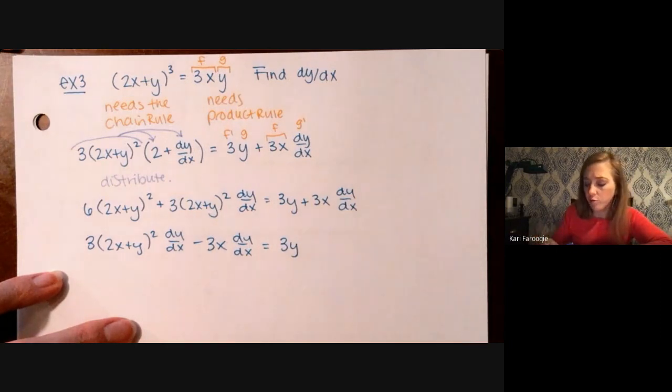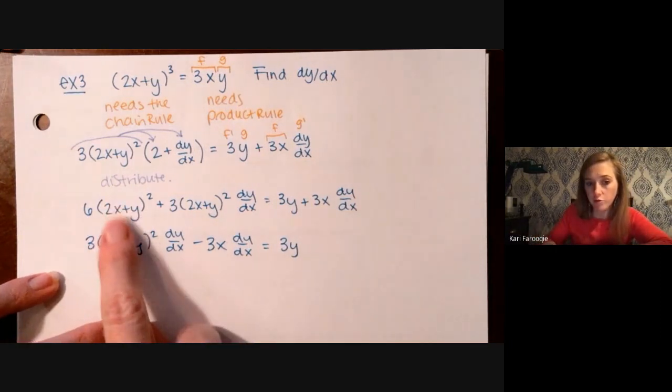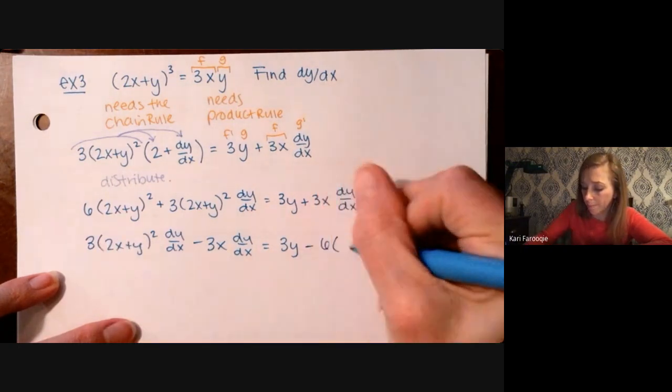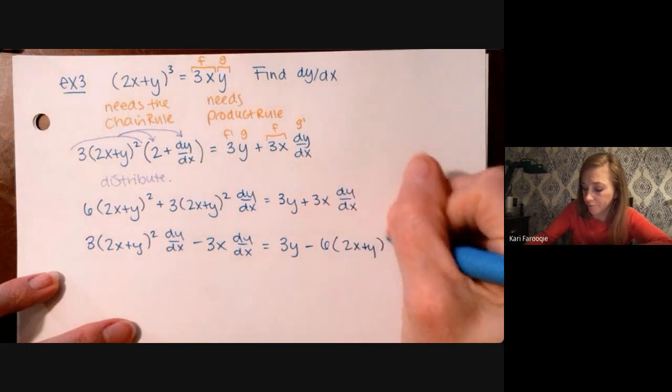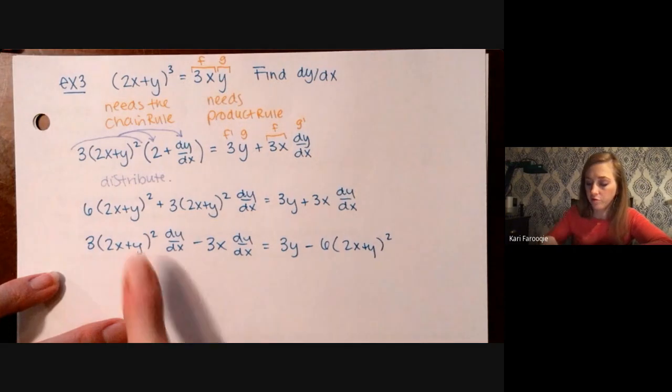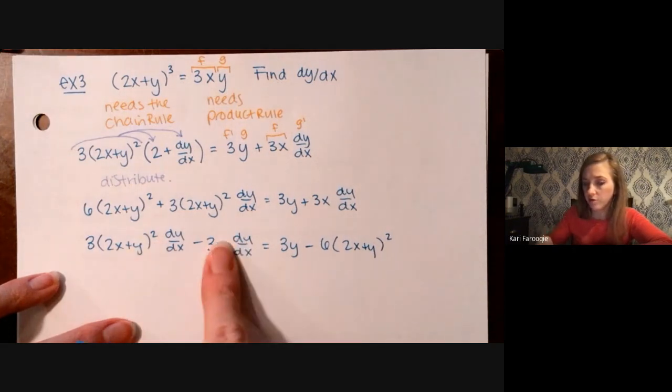And then I have one more term I haven't messed with, and it's the first term on the left-hand side. That's a non-dy dx. I'm going to subtract it from both sides so that we have everything split up now. All right, so here's the dy dx on the left, non-dy dx is on the right.